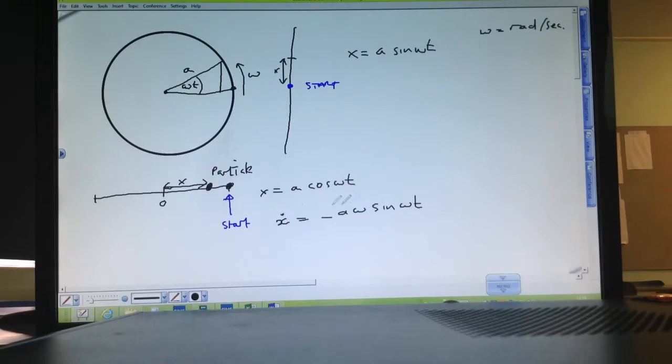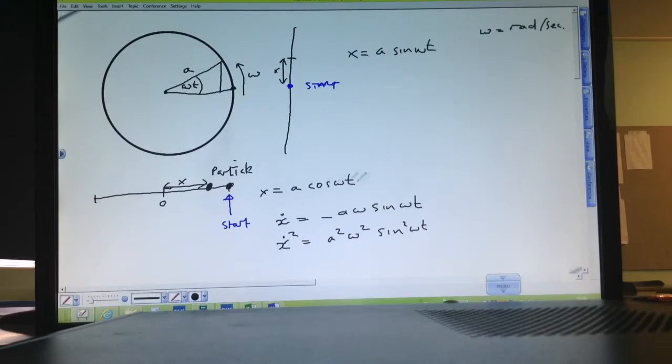Now, this bit isn't so intuitive, but it's obvious now when you see it, because sometimes you have to prove this. Right? So if I square both sides now, I end up with x dot squared is equal to, and square this, it becomes a positive, and it gives you a squared omega squared sin squared omega t. Okay, happy with that?